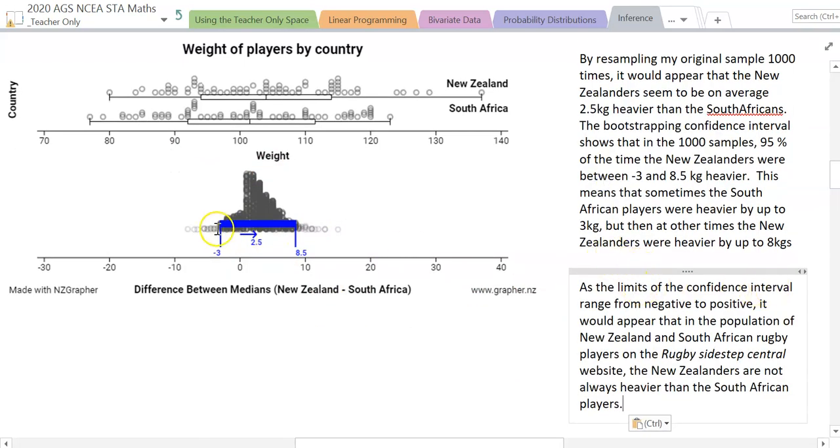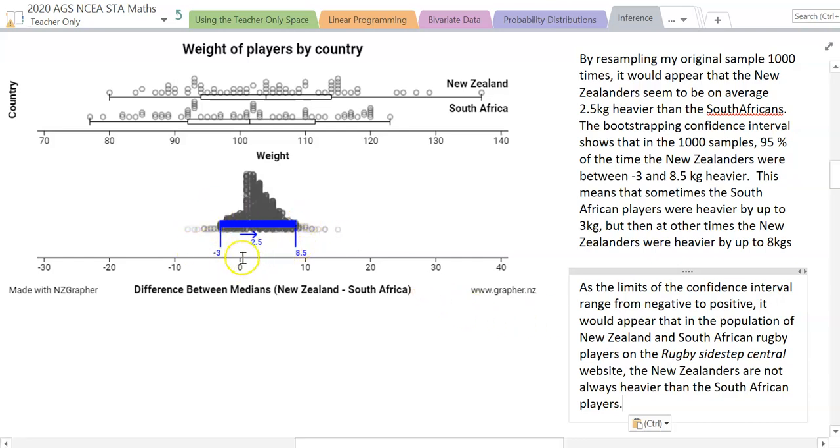As the limits of the confidence interval range from negative to positive, it would appear that in the population of New Zealand and South African rugby players on the Rugby Sidestep Central website, the New Zealanders are not always heavier than the South African rugby players.